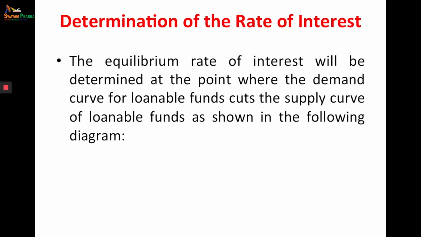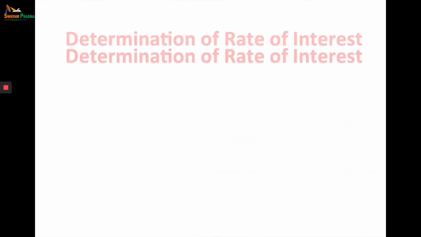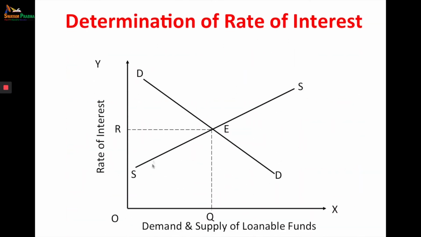Now let us discuss where the rate of interest will be determined. Determination of rate of interest: the equilibrium rate of interest will be determined at the point where demand for loanable funds cuts the supply of loanable funds. See this diagram.